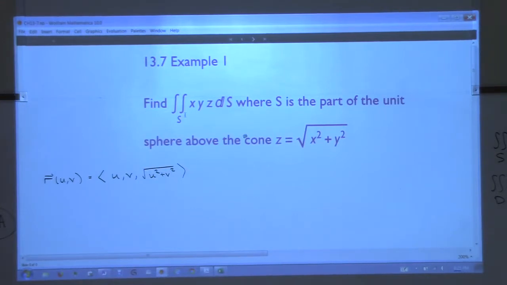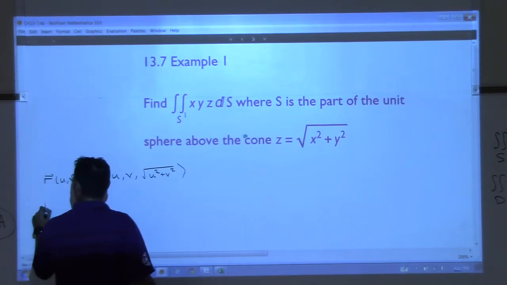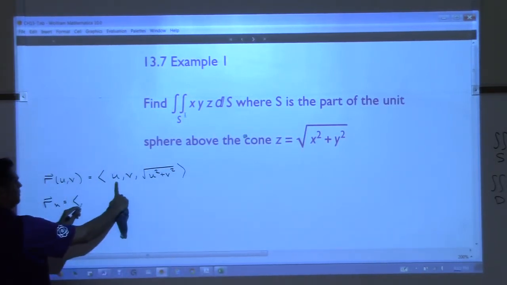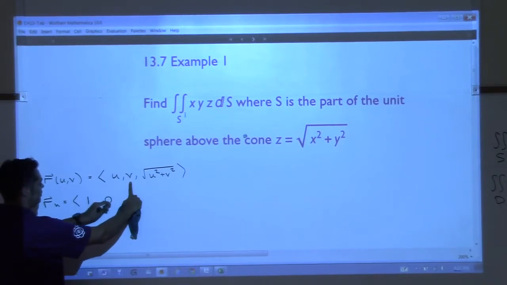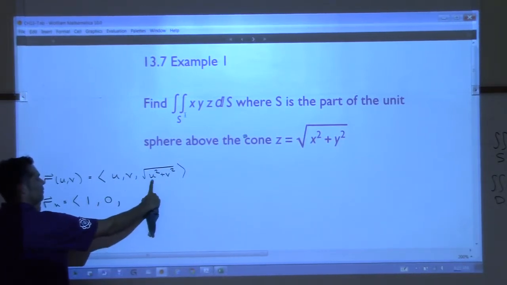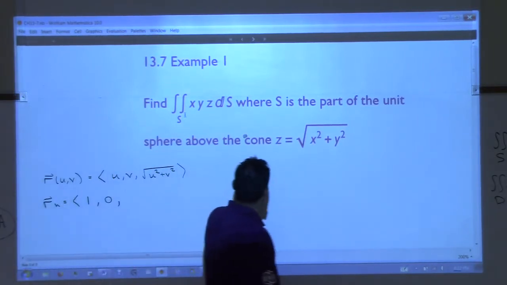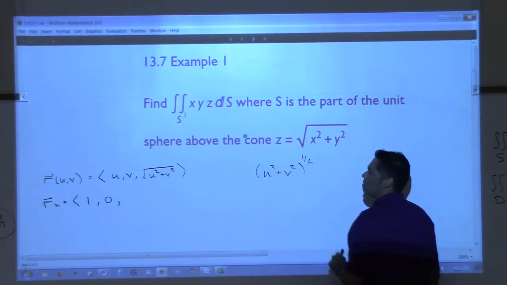keep going. We're going to need some partials. So partial of r with respect to u should be what? 1, 0. So we're trying to take u squared plus v squared, all raised to the 1/2, and take the derivative of it.